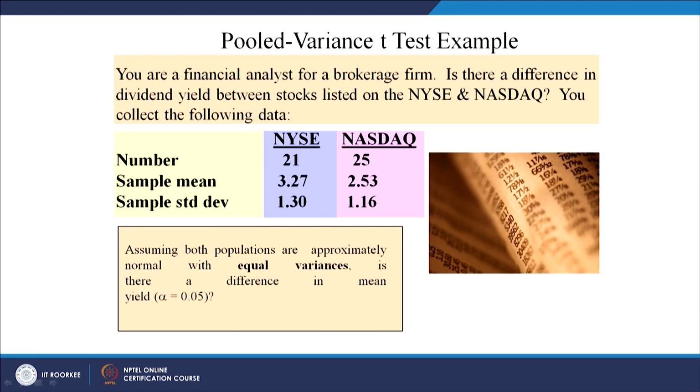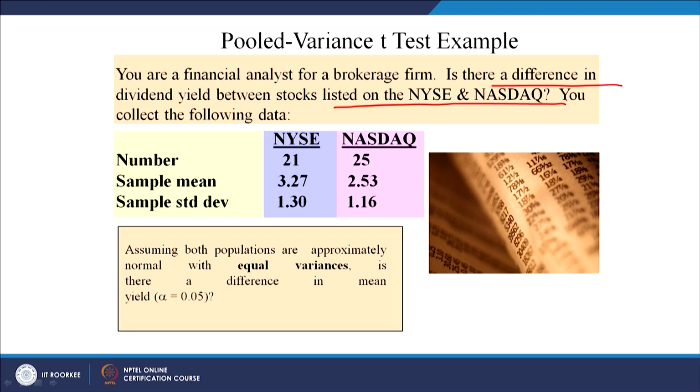Let us look at this very interesting question. You are a financial analyst for a brokerage firm. Is there a difference in dividend yield between stocks listed on the New York Stock Exchange and Nasdaq? You collect the following data.